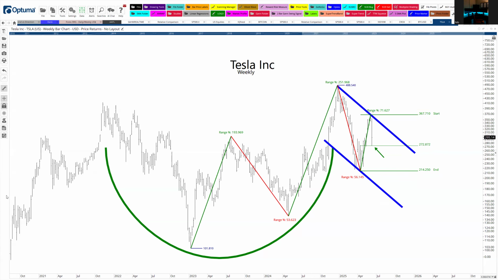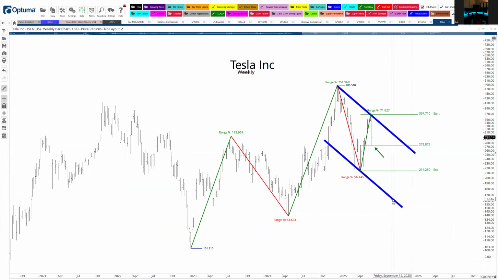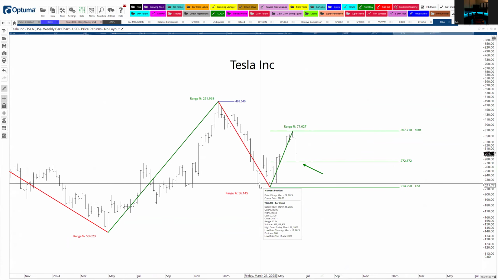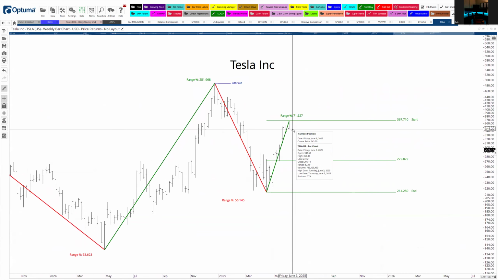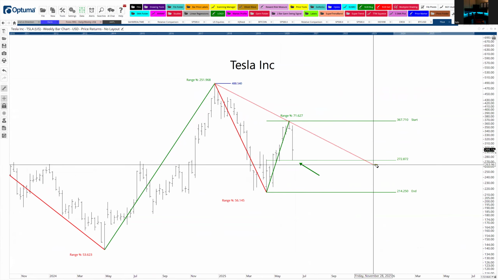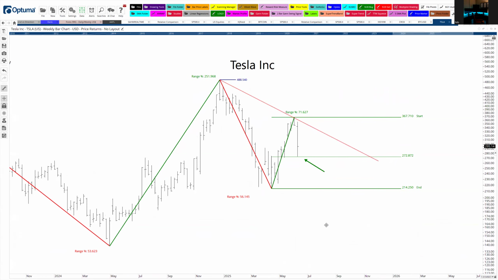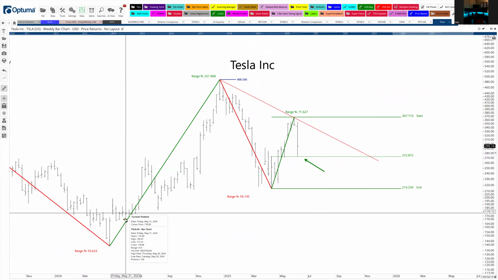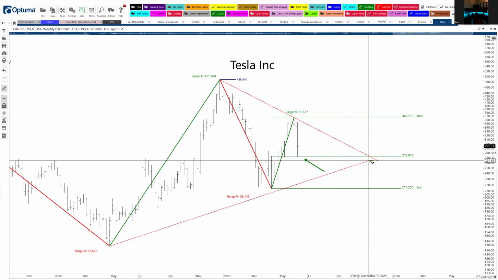So now let's say, screw this. We don't want this. Let's go back and focus on this price action. So what are we going to do? We can simply draw a trend line. There you go. We can draw a trend line from this low to this low.